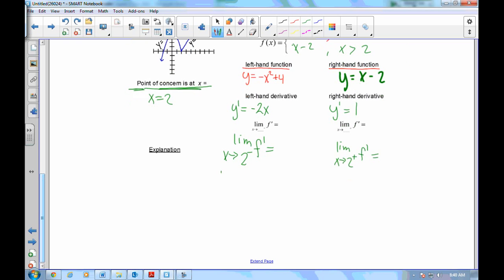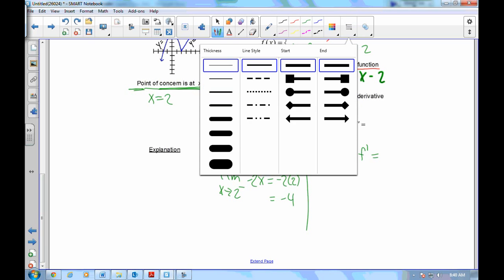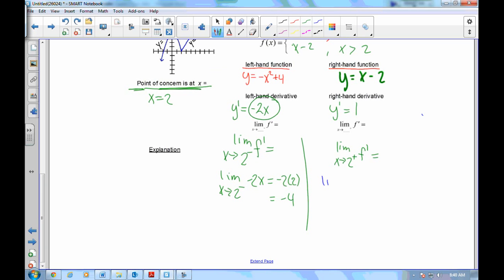Okay, so the limit as x approaches 2 from the left of negative 2x is negative 2 times 2, which equals negative 4. Versus on the right side, what did you get? 1. The limit as x approaches 2 from the right of 1 equals 1.